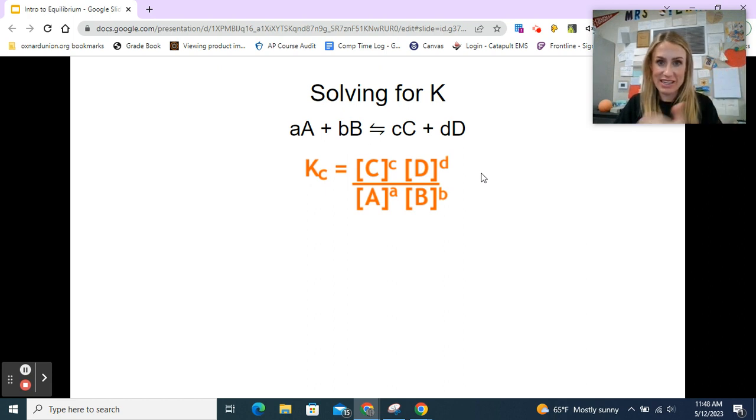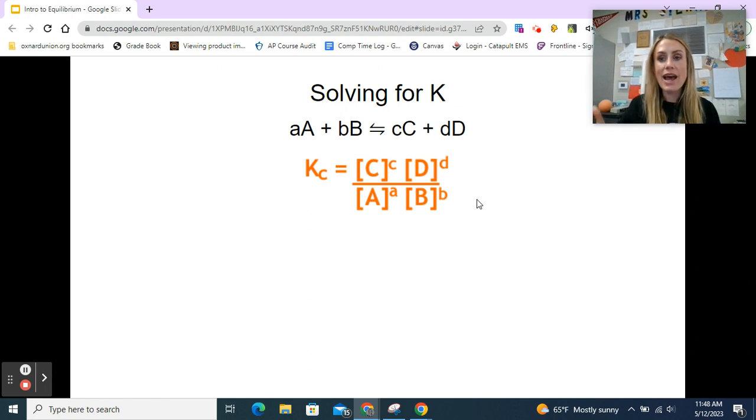So it looks something like this. Again, C and D are my products, so those go on the top. A and B are my reactants, so those go on the bottom. Notice how I'm raising the concentration of C to the power of its coefficient, the concentration of D to the power of its coefficient, the concentration of A to the power of its coefficient, and then the concentration of B to the power of its coefficient.